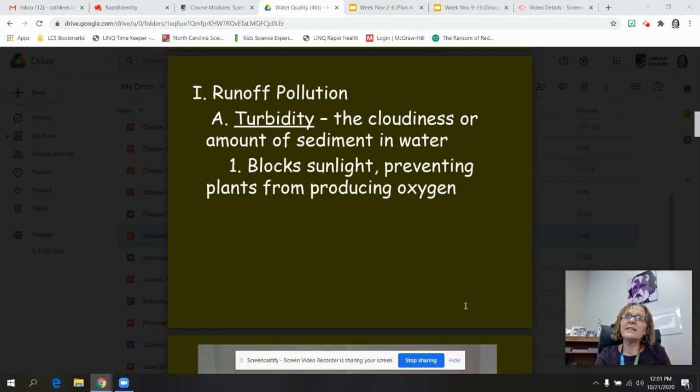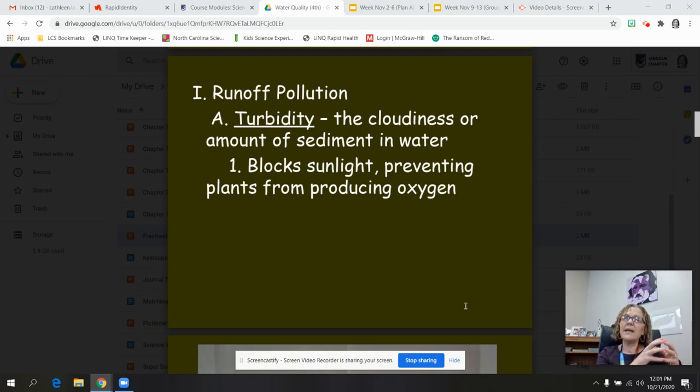Runoff pollution can definitely contribute to what we call the turbidity of water. Turbidity is a very fancy way of saying how cloudy the water is. We don't want the water in our rivers and lakes and streams to be super cloudy, because then that magical thing called photosynthesis cannot occur, because the sunlight can't penetrate cloudy water.